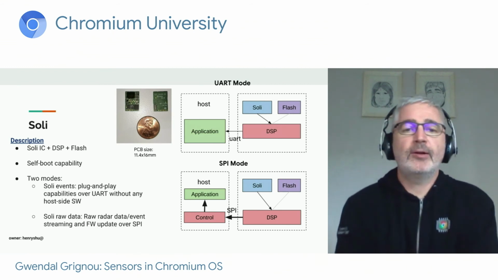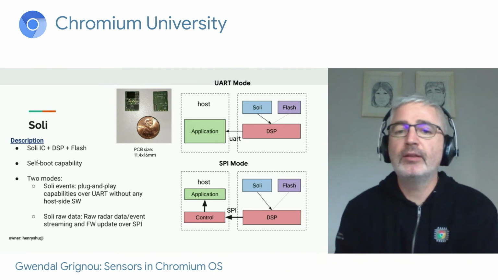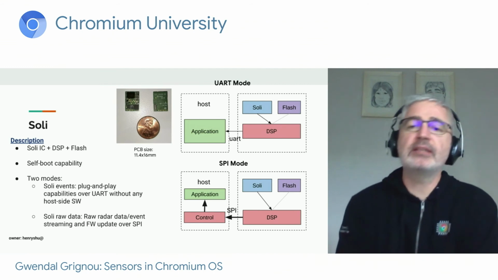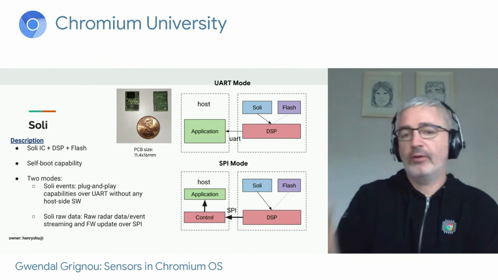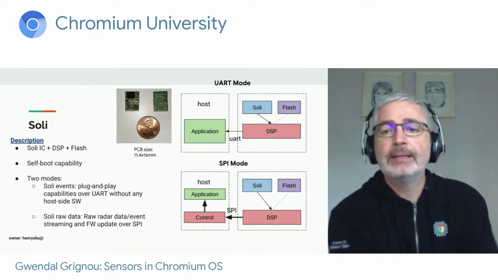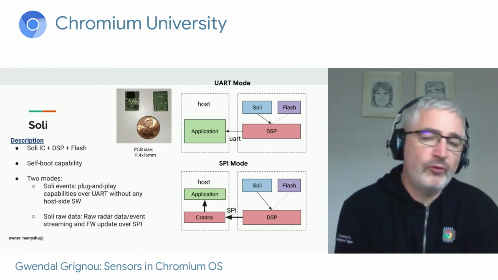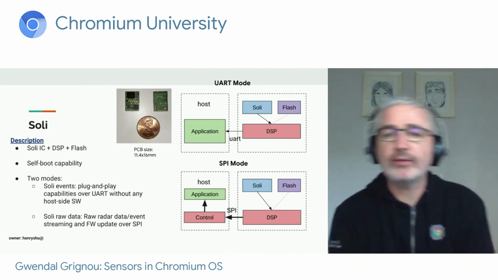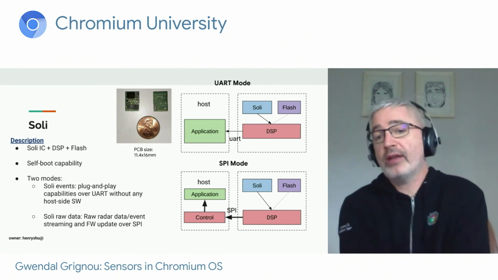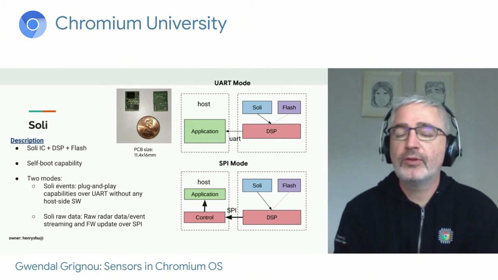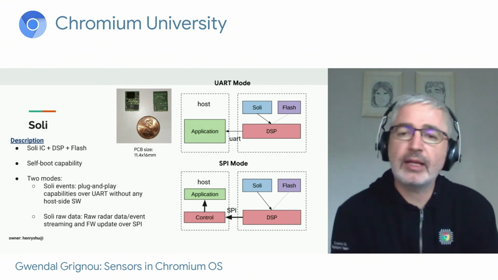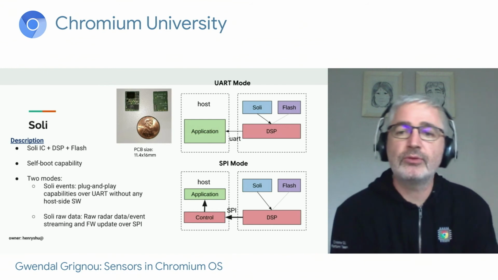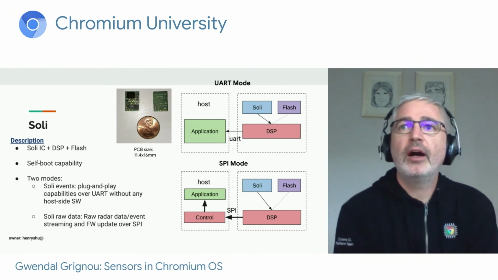When you're just interested in SOLI events like gesture recognition, you use very little bandwidth. Right now the DSP uses UART connected to the host, and the application is listening to the serial port.